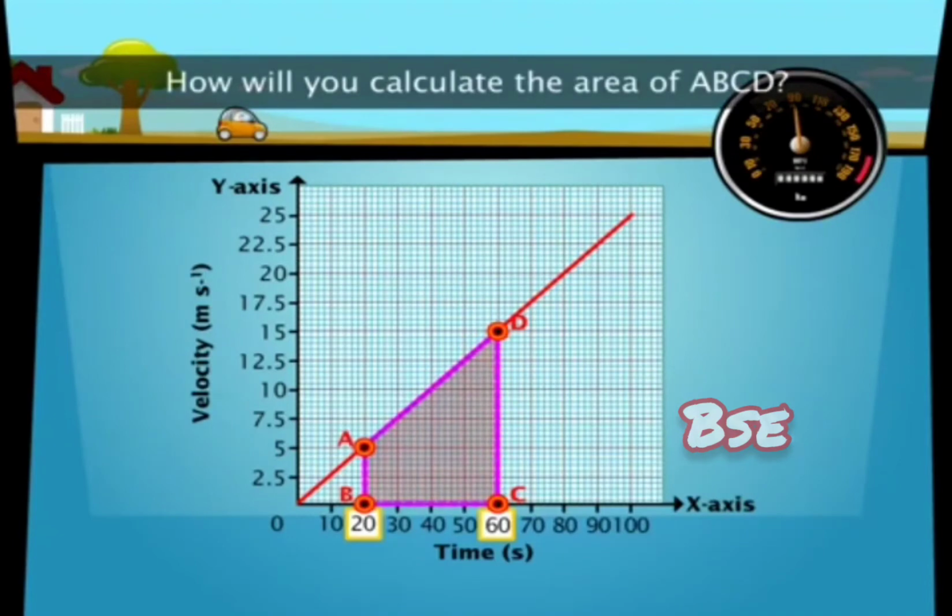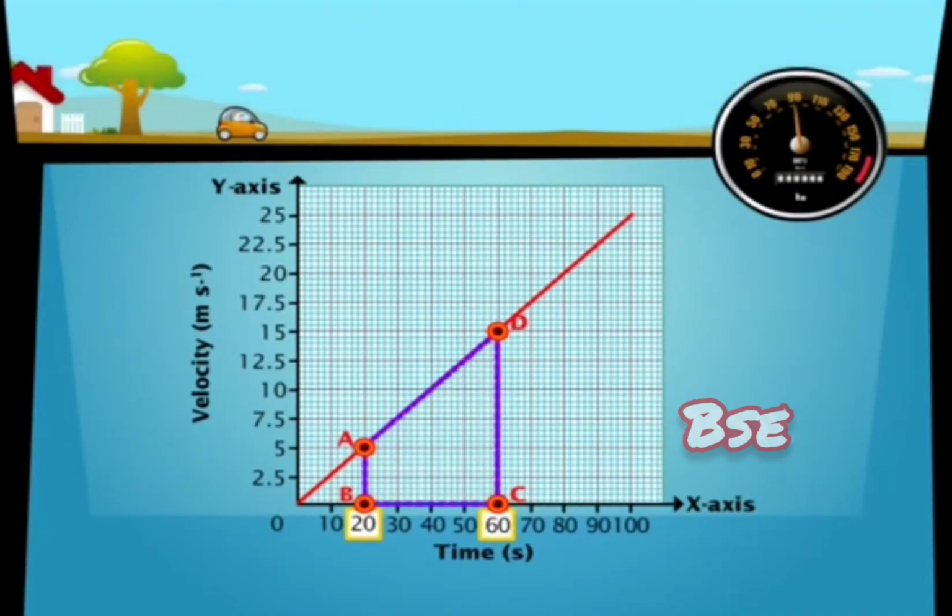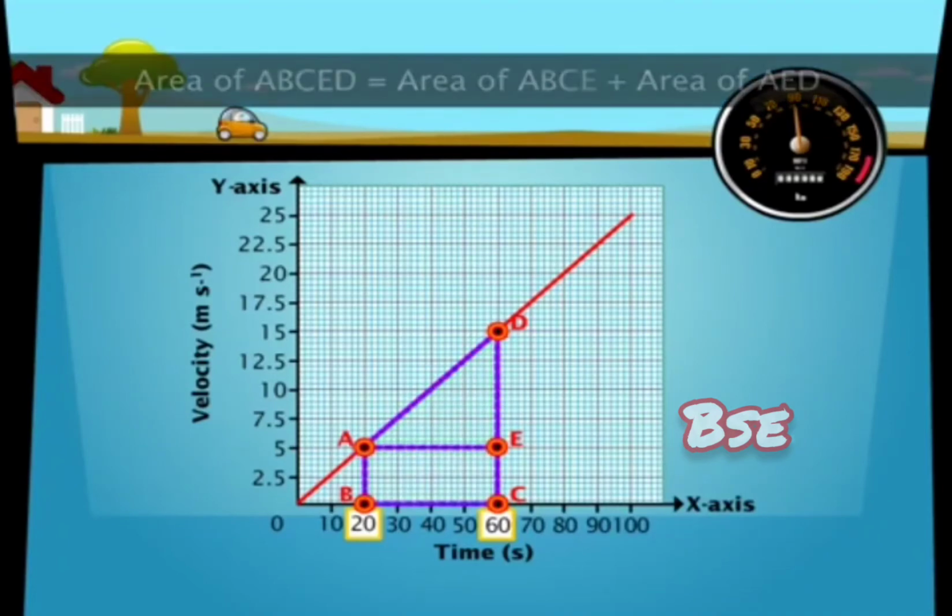How will you calculate this area? This irregular figure can be divided into a rectangle and a triangle. By adding the areas of the rectangle ABCE and the triangle AED, you can calculate the area of the quadrilateral ABCED.